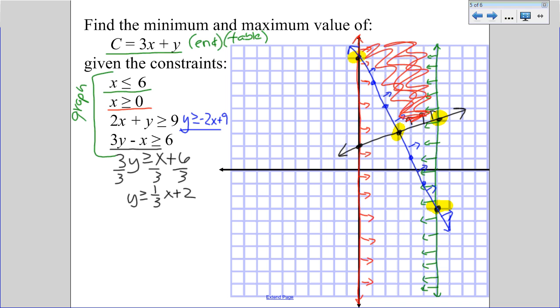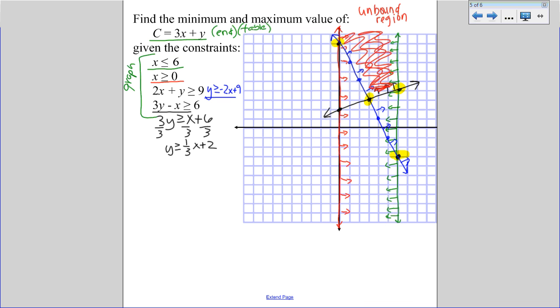Well, this is what we call an unbound region. All right? So we're not going to have 4 ordered pairs to check. We are only going to have 3. This ordered pair down here, we don't end up using because it didn't end up in that shaded region, in that feasible region.